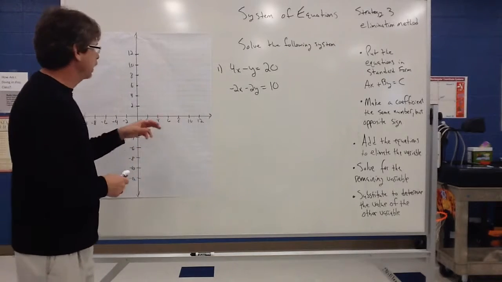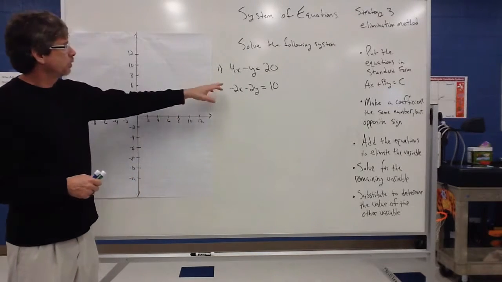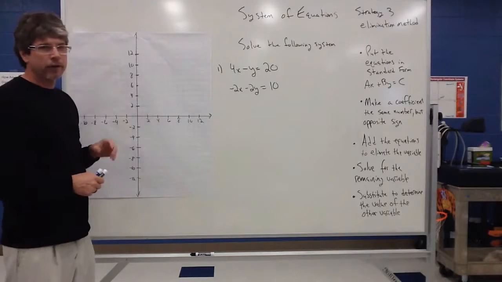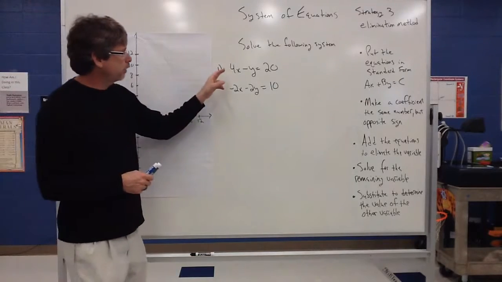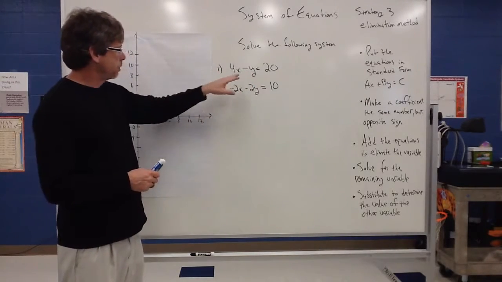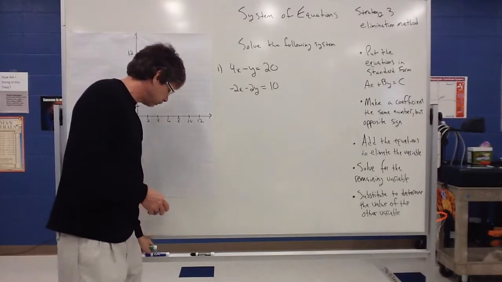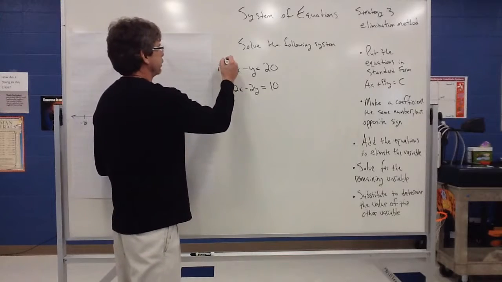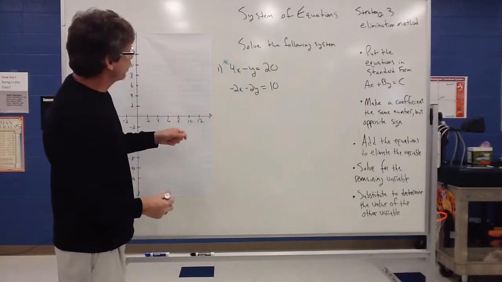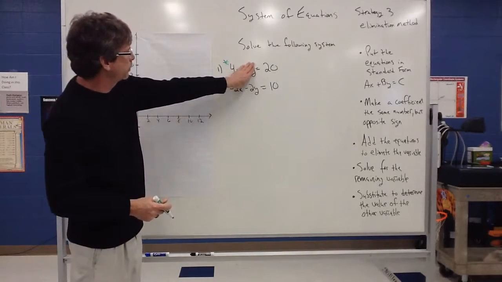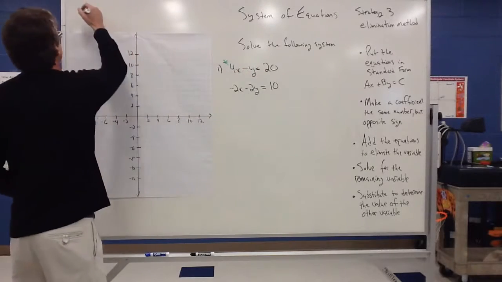What I want to do is look at solving this system by graphing again. Now, since these are already in standard form, I think it's probably easier to just go ahead and find the x and y intercepts. So let's start with this first line. If I want to find the x-intercept, I set y equals 0, so I get 4x equals 20.